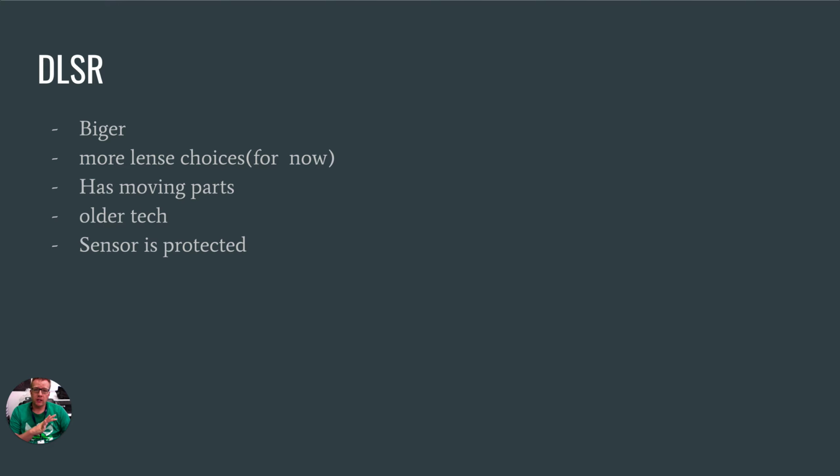We get our digital SLRs from the old days in photography when we had our single lens reflex cameras, or SLRs, which also had a mirror in it, and it gives us a way to look at what our lens is seeing.